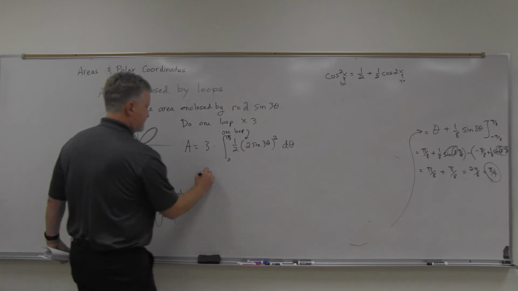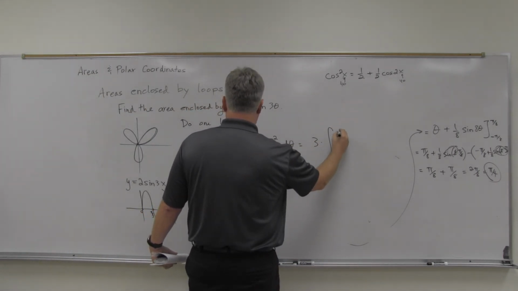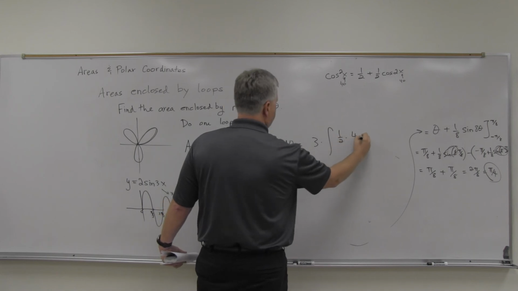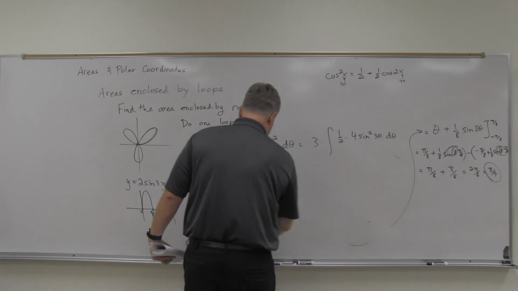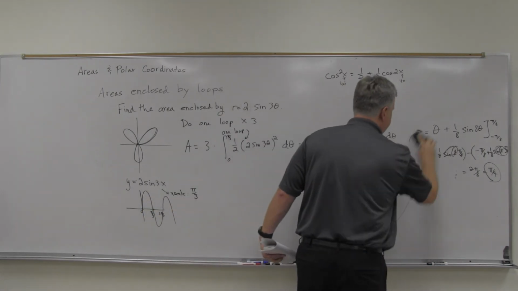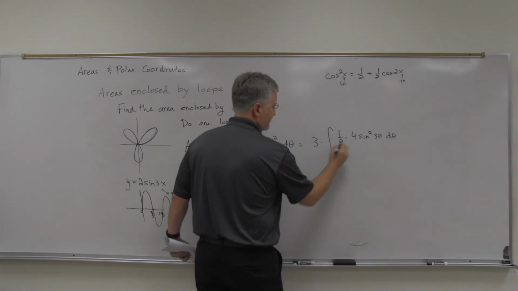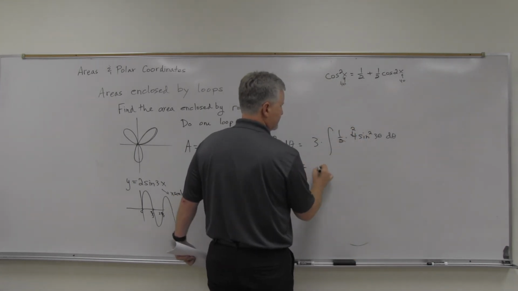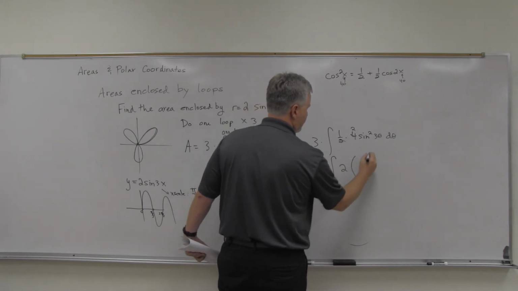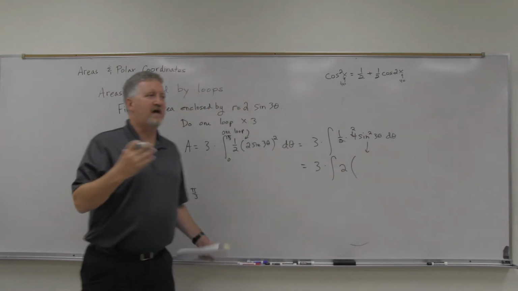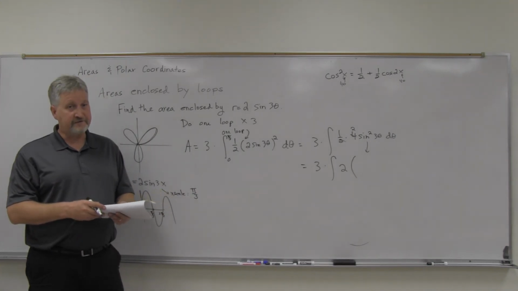Okay, well, that turns into what? 3 times the integral of 1/2 times 4 sine squared 3 theta. So this is our counterpart with a sine squared. Let's leave that 2 there because I think it'll help us out. It's a sine squared, the very same idea as cosine squared.